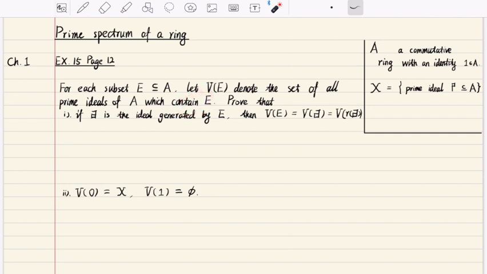So we just take a collection of prime ideals which contain some subset of A. And the first question is, can we replace the subset E by something else, like an ideal or the radical of the ideal, which can keep the V of them?